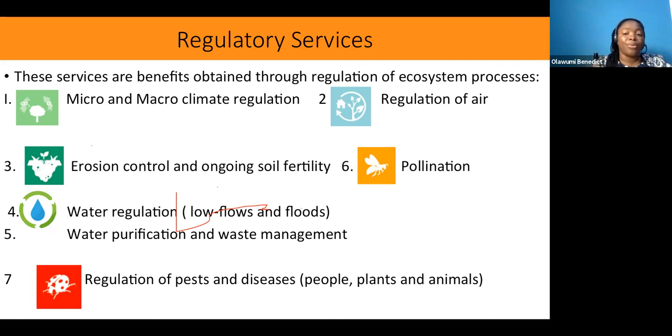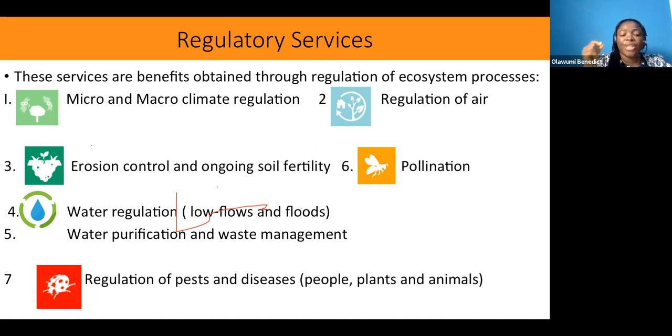Then we talked about pollination. This we've talked about before, that pollinators are very essential for thriving and for an increase in production in our different farms. And we need to understand that the smallest change in one ecosystem can affect the distribution and abundance of pollinators in that ecosystem.